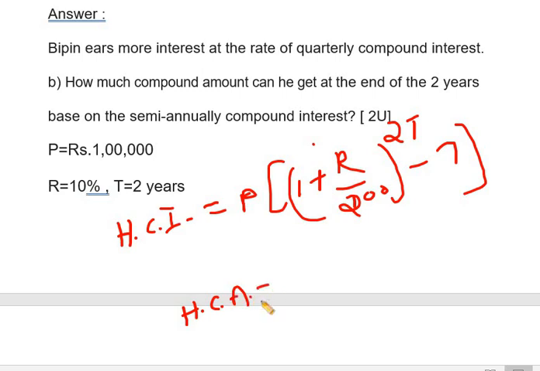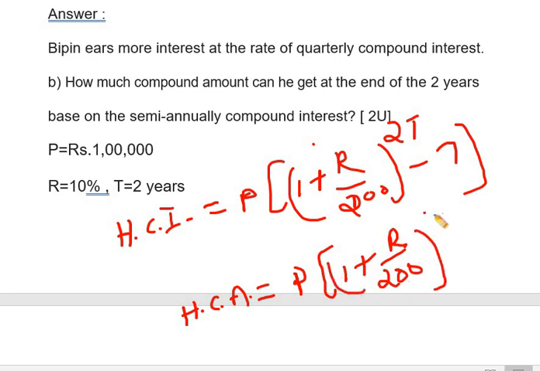It means amount is principal plus interest. You can write only P times (1 plus R by 200) to the power 2t, not minus 1. Now it gives the compound amount.